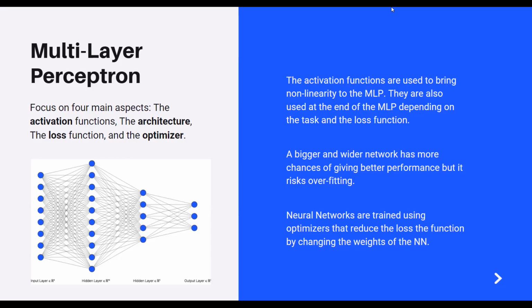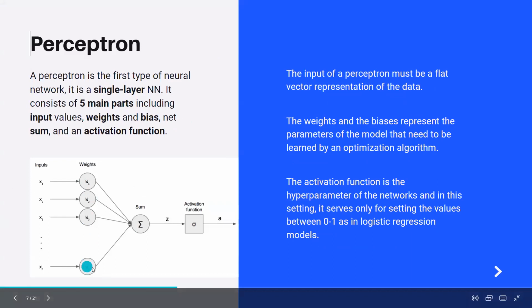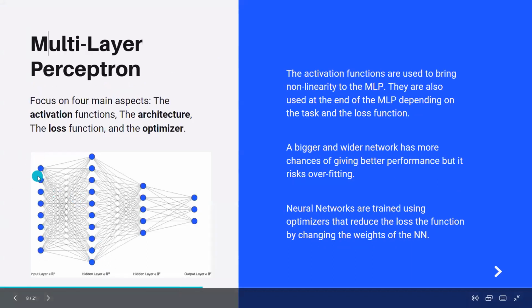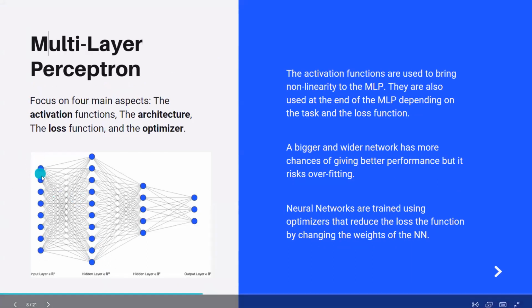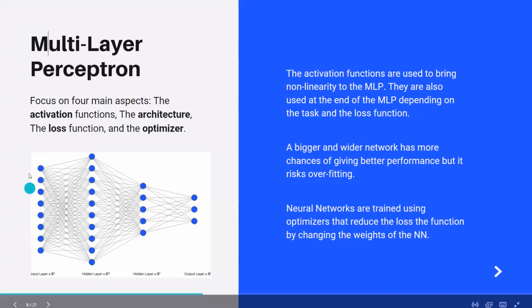And the second part is that neural networks are trained using an algorithm called an optimizer. Basically, what it does is that it will reduce the loss function by changing the different weights of the neural network. So these are the different weights of every single node. Now we have, let's say, 200 nodes, 200 weights for each one of these blue dots, right?